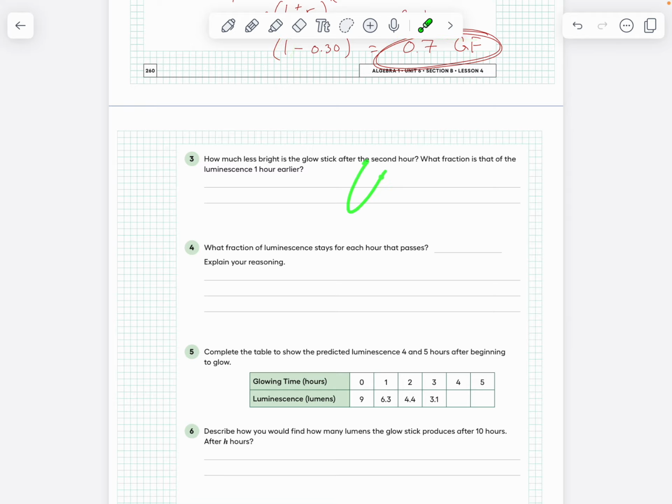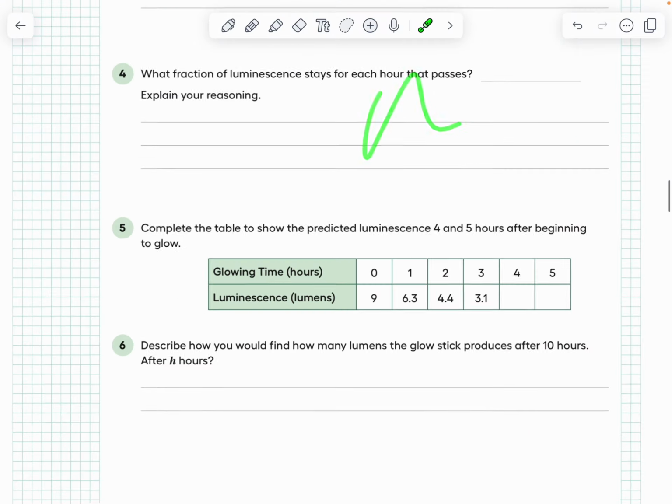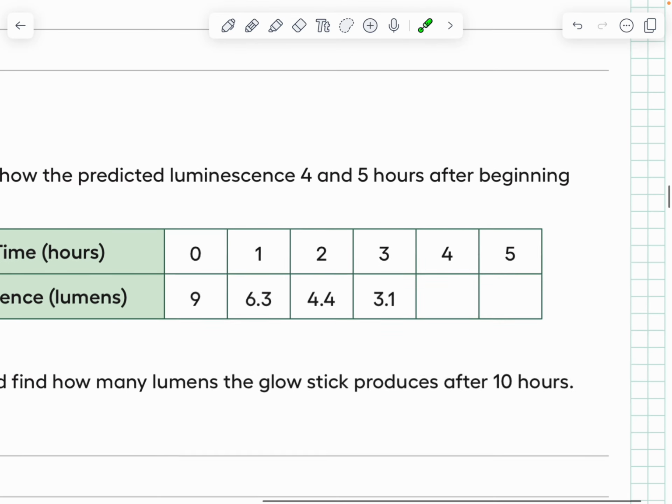Okay, let's bypass some of this other stuff. What fraction stays for each hour that passes? Bypass that. Complete the table to show the predicted luminescence 4 to 5 hours after. Right, so we know that this is going down 70%, or it's only 70% of the original. So this is times 0.7, times 0.7, times 0.7, right?